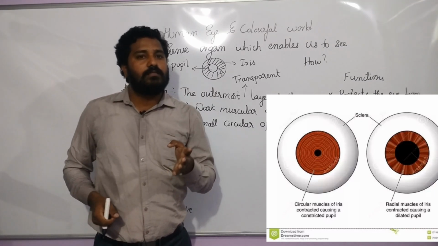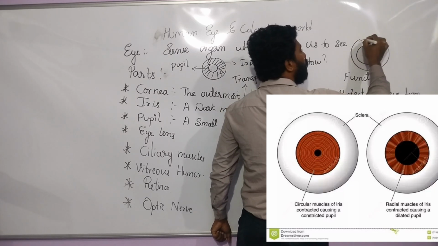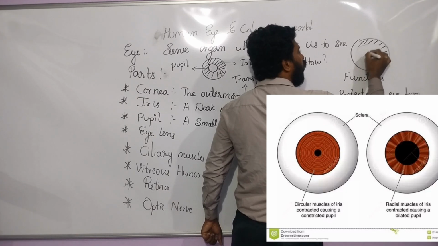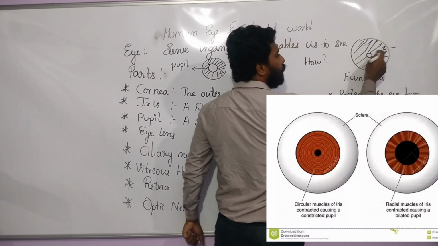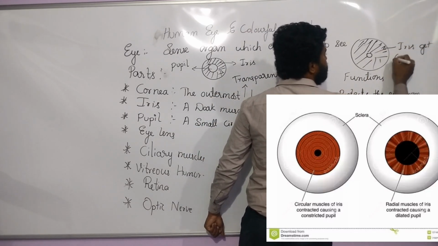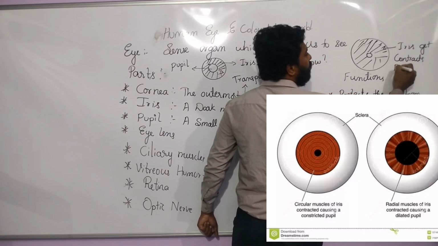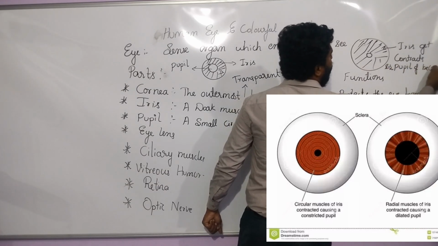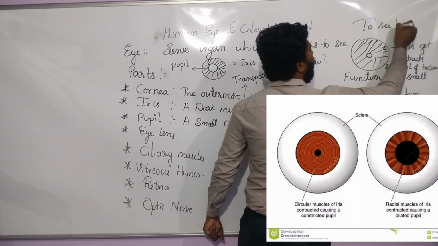When we see brighter light, the size of the pupil becomes small. We know that the iris controls the pupil. The iris contracts and the pupil becomes small, to see brighter light.